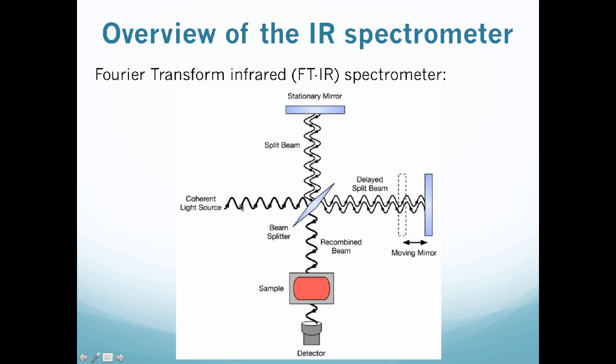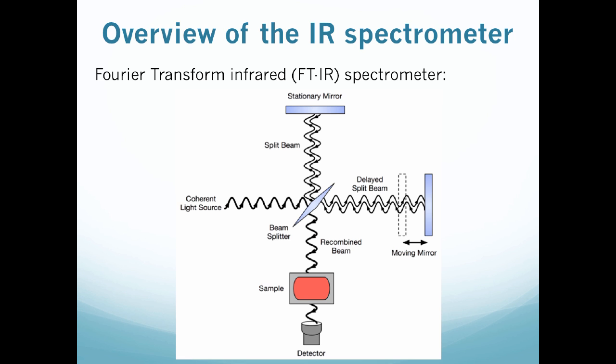Now the light source that's actually being transmitted contains the whole sum of wavelengths. Okay, so we have all of those wavelengths, and what happens is when the light from the stationary mirror and the moving mirror recombine, depending on the position at that time of the moving mirror, that light can combine constructively or destructively.